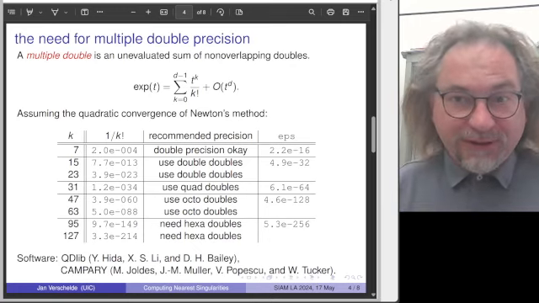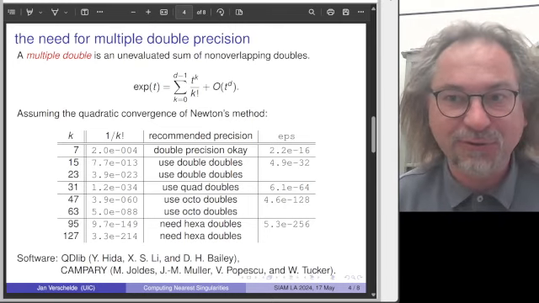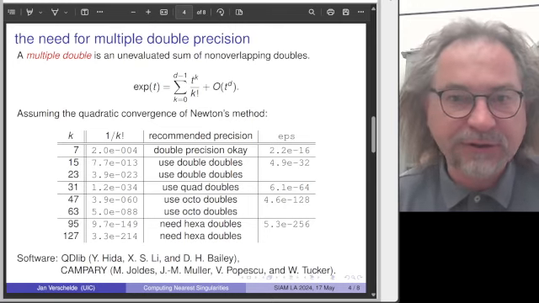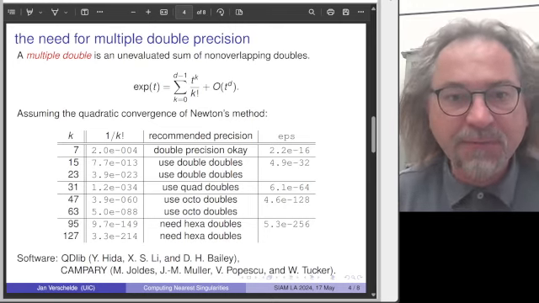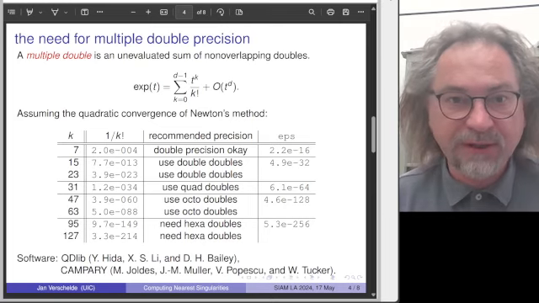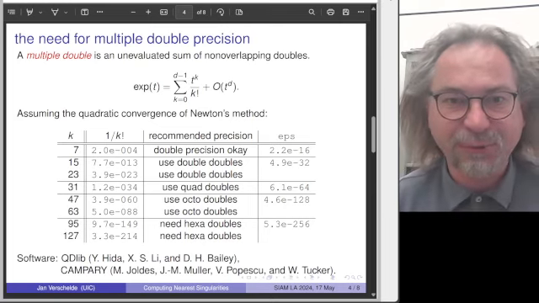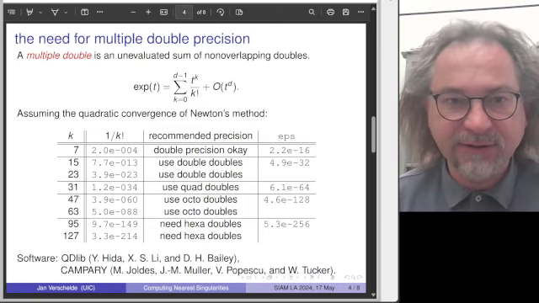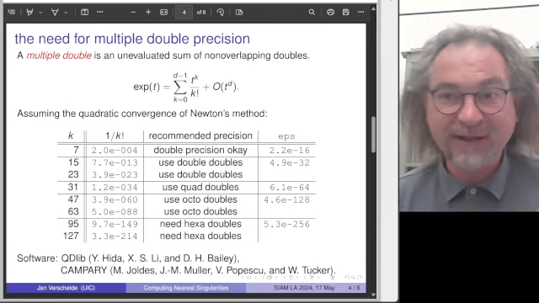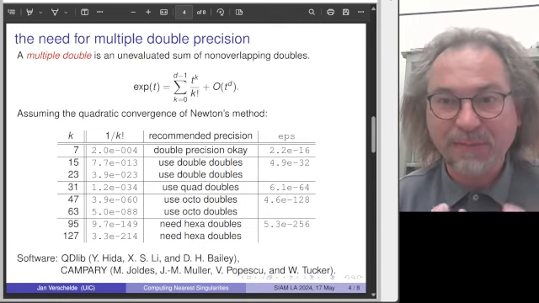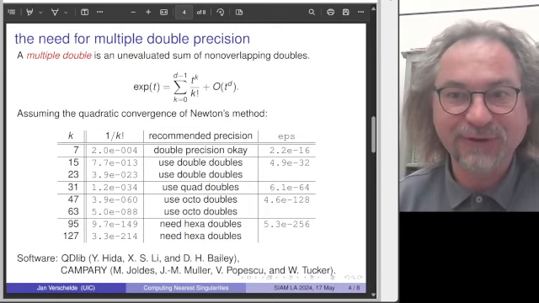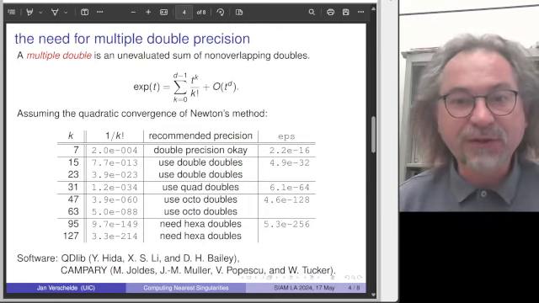If you compute less than 7, so when we do the path tracking, the default is actually 8 terms, then everything goes in double precision. But if you start to need more and more terms, and here I'm using the exponential as an example, just to represent the last coefficient accurately. When we apply the Fabry ratio theorem, we are looking at the last coefficient, so they need to be quite accurate. So you need that precision here.